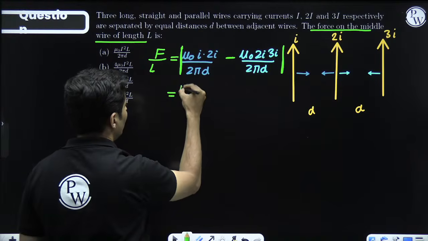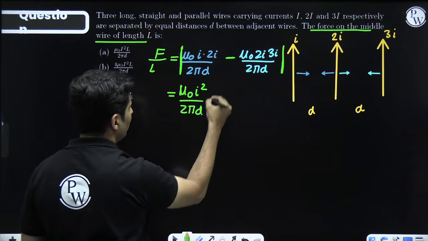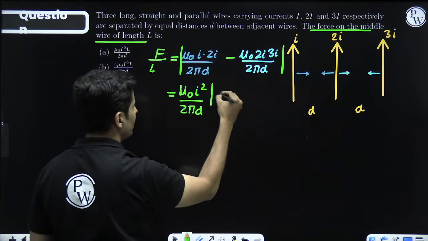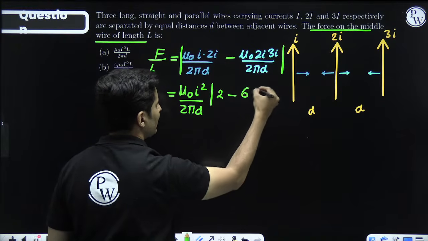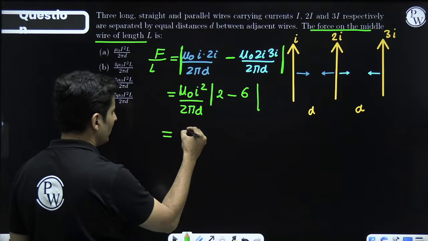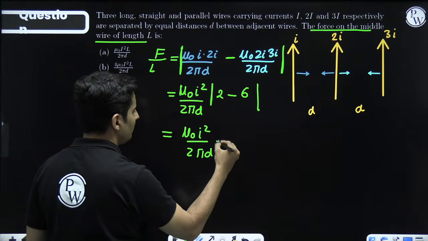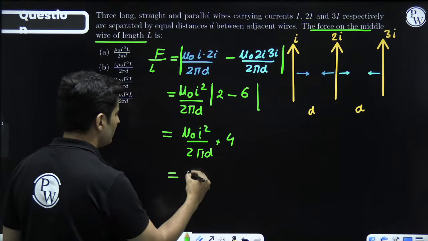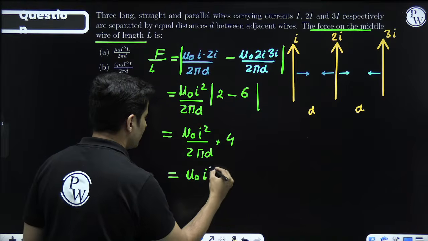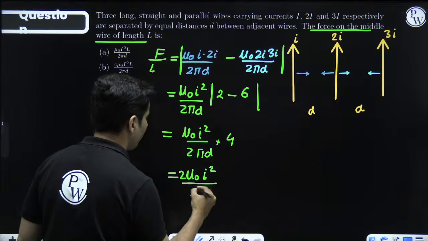Notice how mu naught I square by 2 pi d will be common. Modulus is there. Here the number 2 is there, here the number 6 is there. 2 threes are 6. 2 minus 6 is minus 4. Mod is 4. So mu naught I square by 2 pi d multiplied by 4. 4 and 2 cancel, so mu naught I square by pi d.